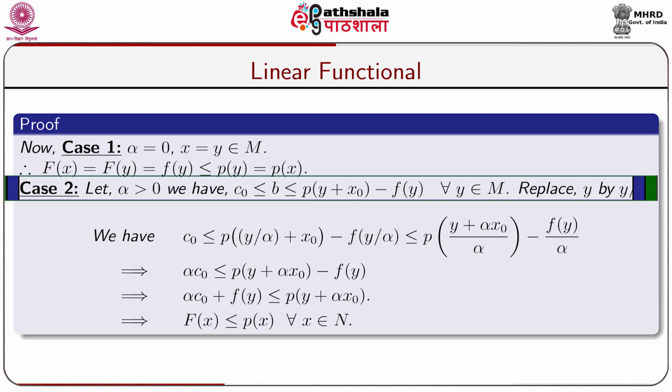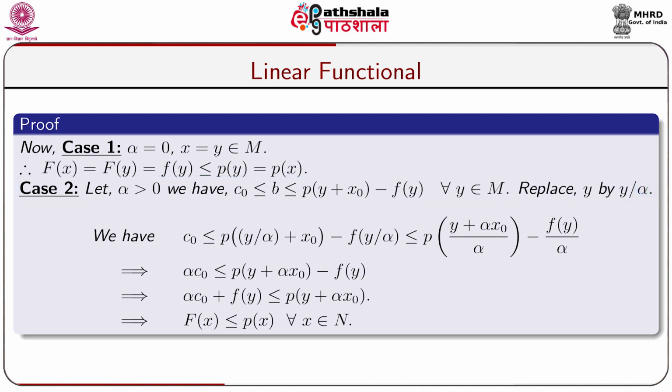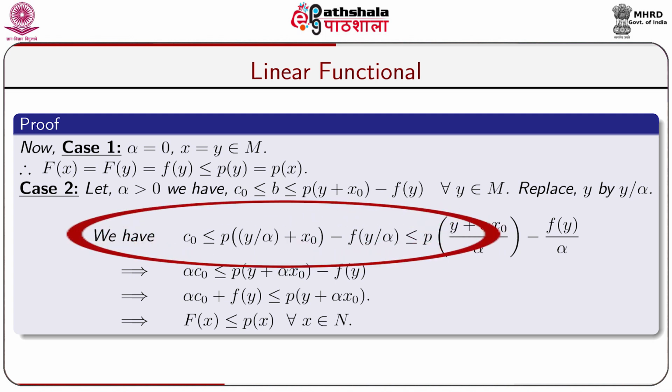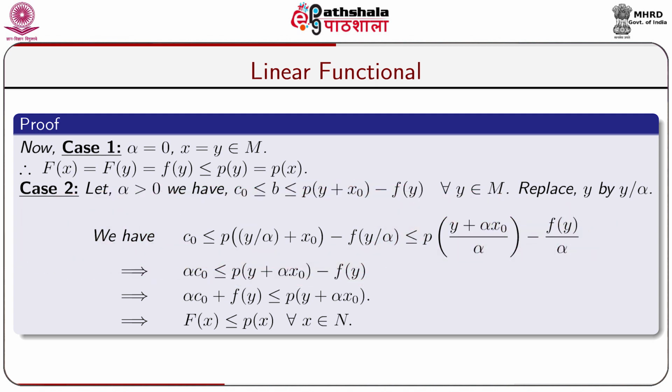We have C0 less than or equal to B less than or equal to p of y plus x naught minus f of y, by the above discussion, for all y belonging to M. Replace y by y by alpha. We have C0 less than or equal to p of y by alpha plus x naught minus f of y by alpha, which is again less than or equal to p of y plus alpha x naught by alpha minus f of y by alpha.